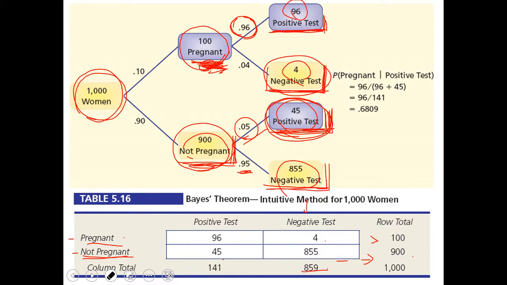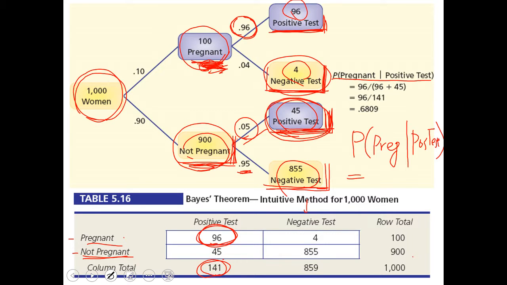Okay. Based on the table, we would like to calculate the probability of pregnant given a positive test. So we check positive and pregnant, divided by positive test: 96 divided by 141.